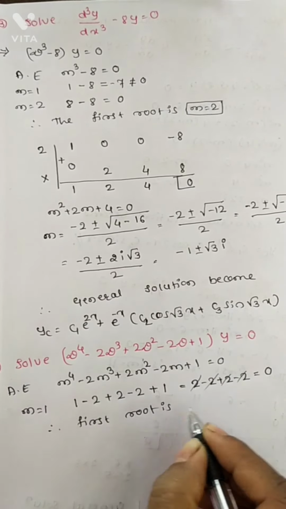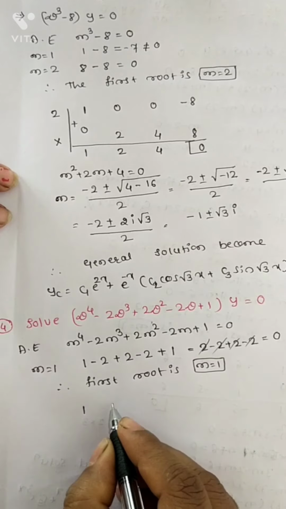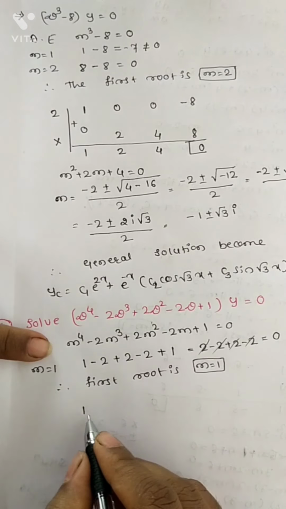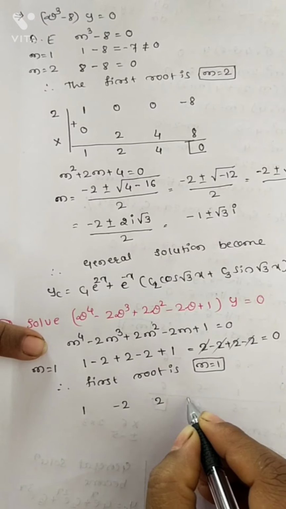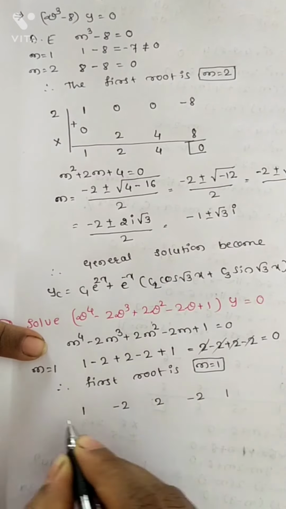After getting m is equal to 1, we have to apply the synthetic division method. The coefficients we write: m raised to 4 coefficient is 1, m cube is minus 2, m square is 2, m is minus 2, constant is 1.